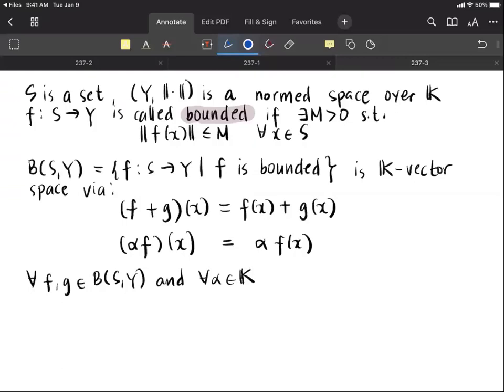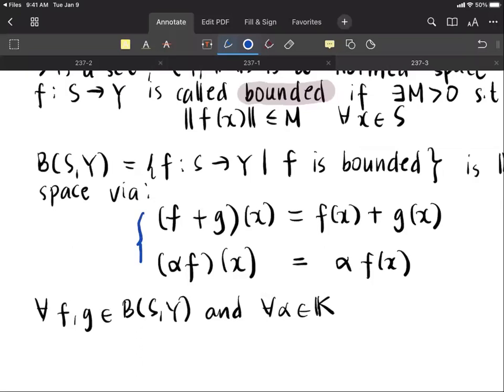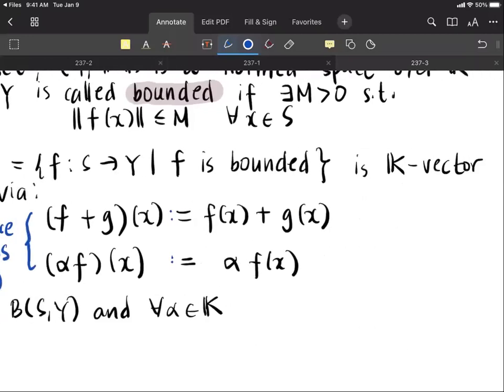I should take note here that the operations on the left are the vector space operations on the space of bounded functions from S to Y. And we are defining these operations component-wise.